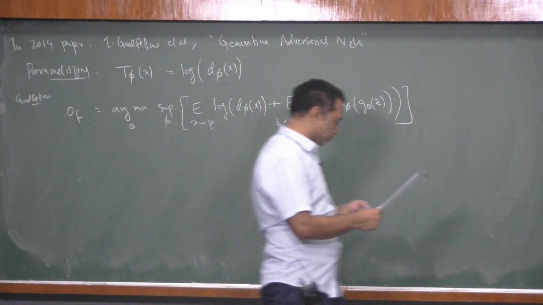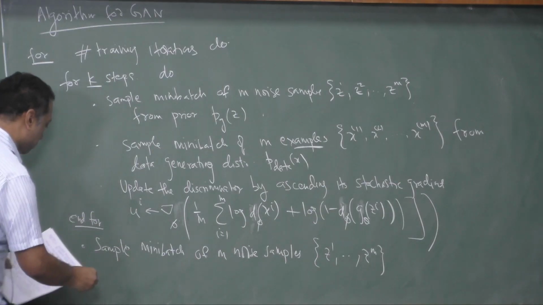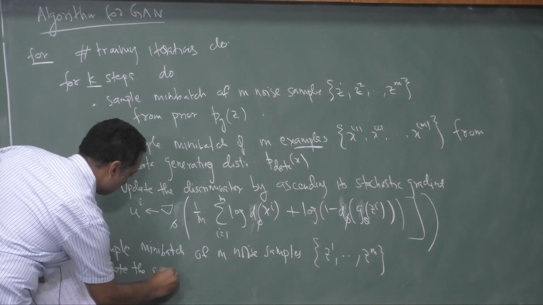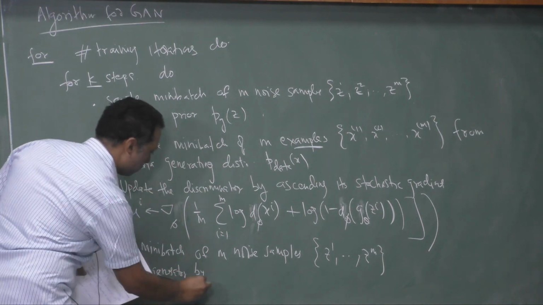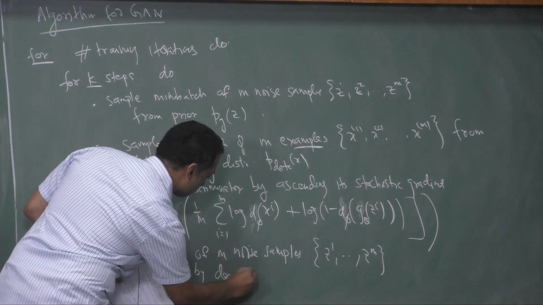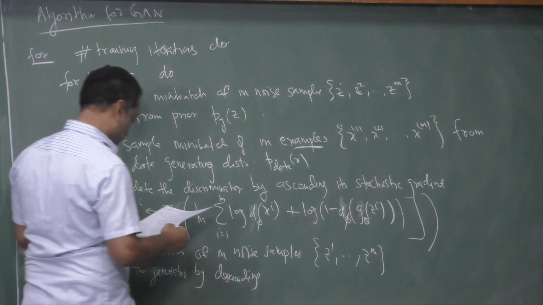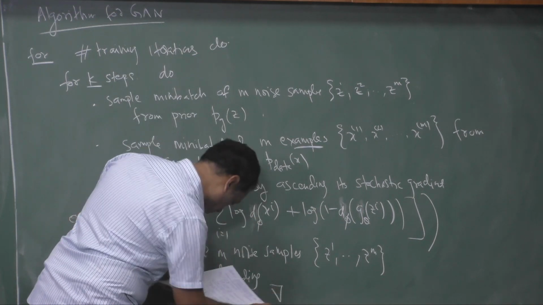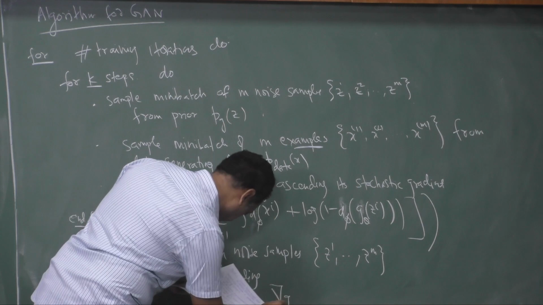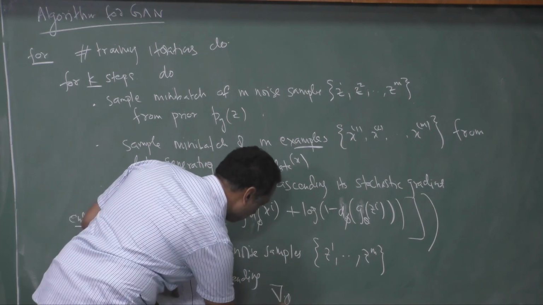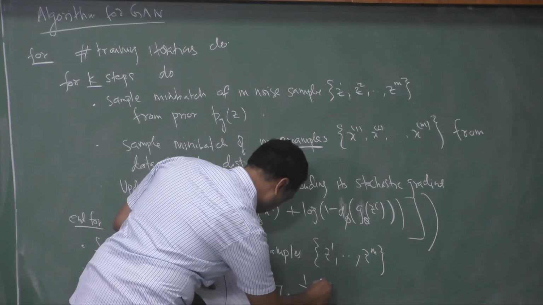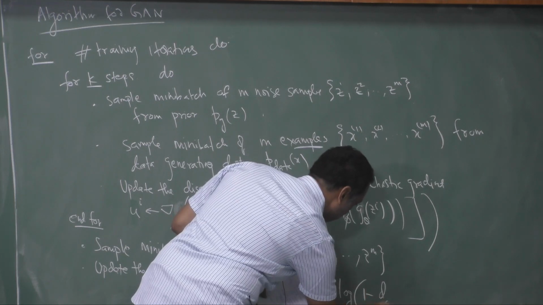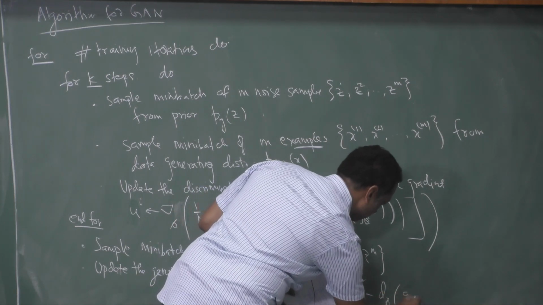So update the generator by descending its stochastic gradient, which is, I hope I can fit this here, then the algorithm also completes here. So this is grad theta for the generator, 1 by m sum of log of 1 minus D phi of G theta of zi.